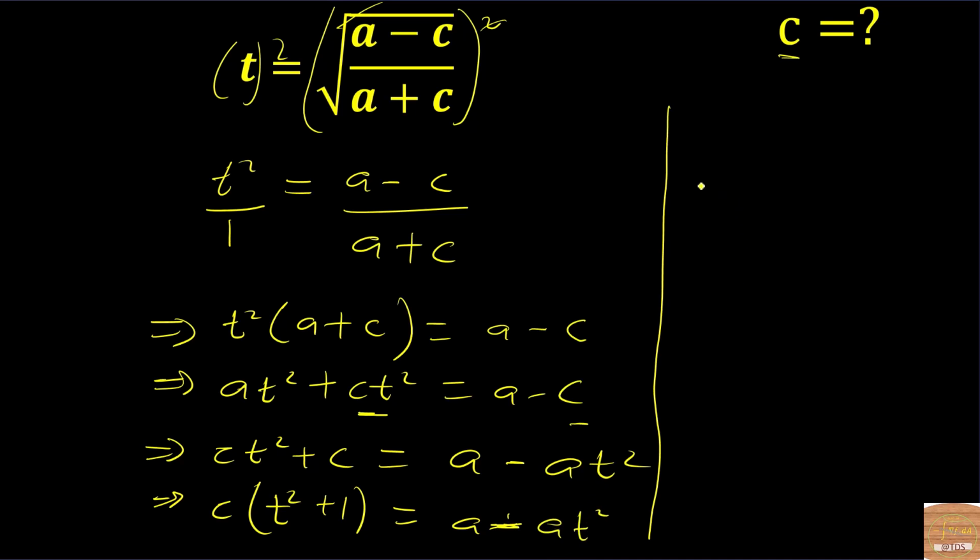So let's divide both sides by the coefficient of C. So C will be A minus A T squared on T squared plus 1. Okay, so C is the subject of the expression.